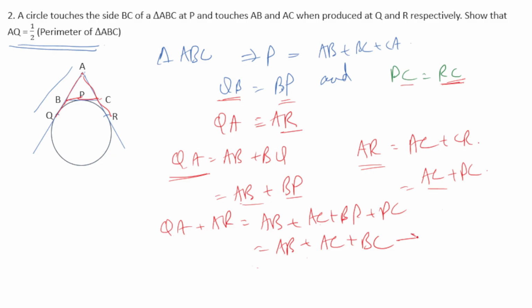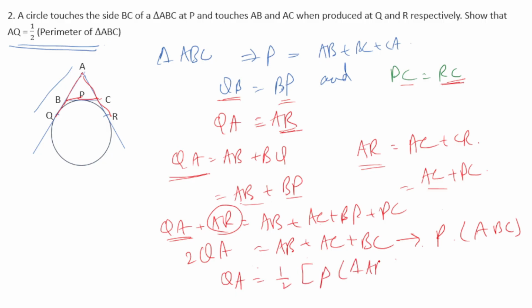This is nothing but the perimeter of triangle ABC. See here, QA is equal to AR. So we will get 2QA is equal to the perimeter of triangle ABC, and QA is equal to half of the perimeter of triangle ABC.